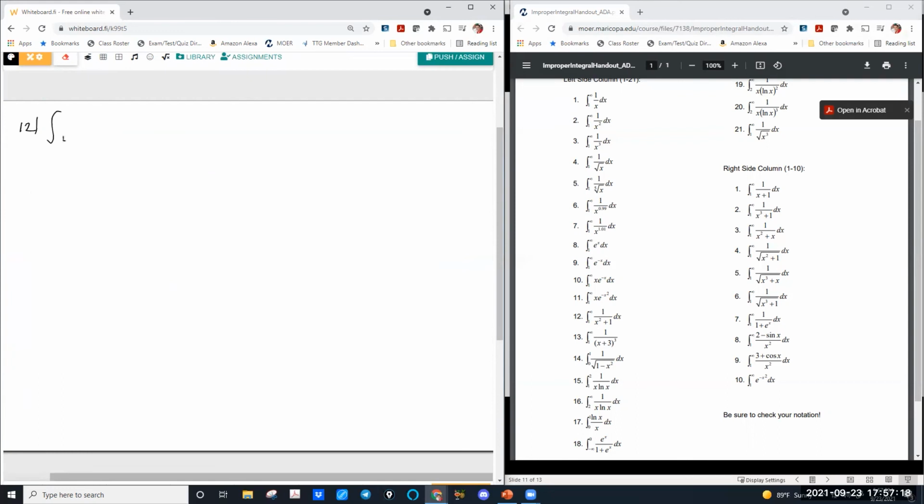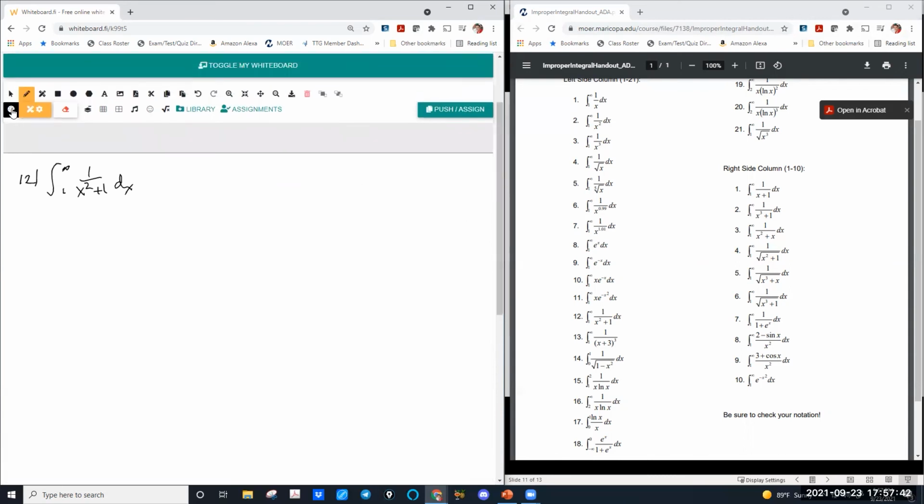First thing I'll point out about number 12: if all we had to do was show whether it's convergent or divergent, this would be a great one to use the comparison test on, because it's really easy to show this is less than 1 over x squared. But I want to actually calculate this one. So let's do that, and then we'll see how we can use it in a comparison with one on the right-hand side.